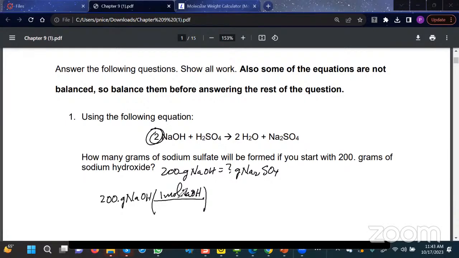And let me see, 22.99 plus 16 plus 1.008. Okay, so I got 40.00 grams of sodium hydroxide as the molar mass, right? So this unit will cancel out with that. Okay, very good. What's the next step?